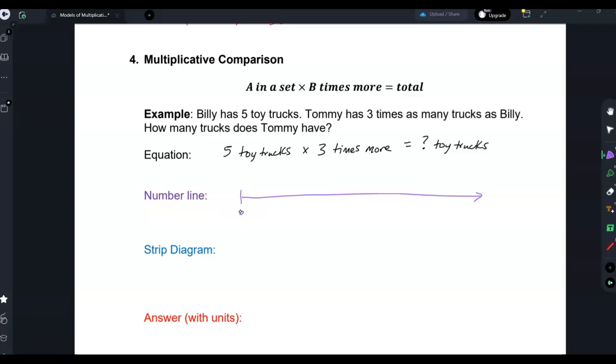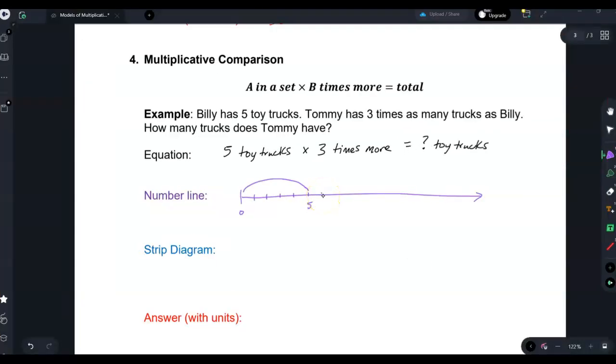So we know we could start with 5. Let's go out that far: 1, 2, 3, 4, 5. That is what Billy has. And then we are saying Tommy has 3 times as many trucks as Billy. So far we just have 5 trucks. That's just 1 times as many.